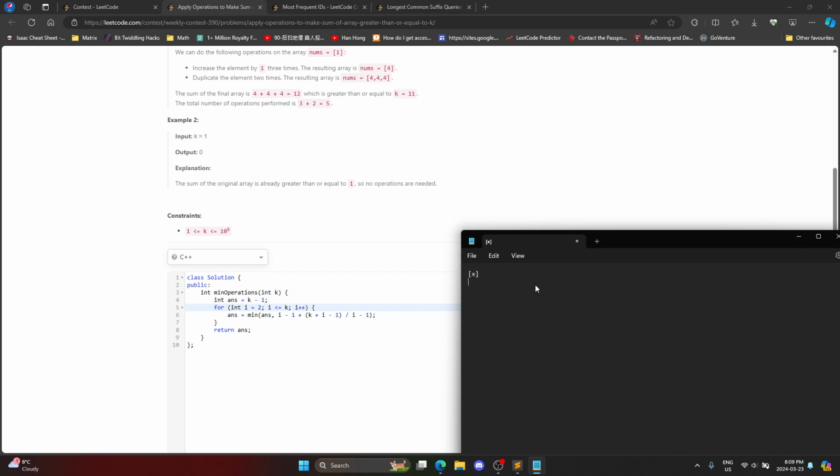So what I have here is I minus 1. So this is increasing the first element to I, and then plus the number of times I appears.